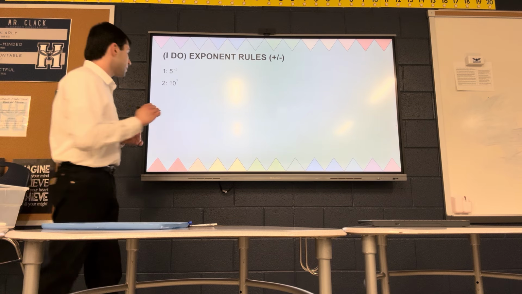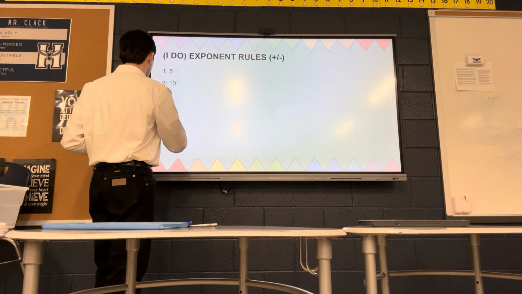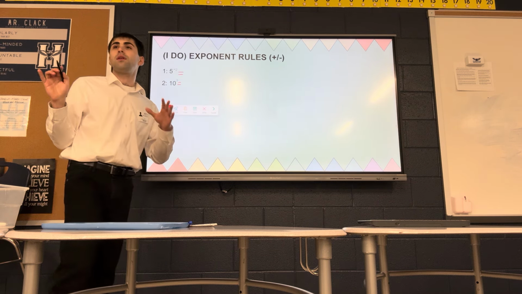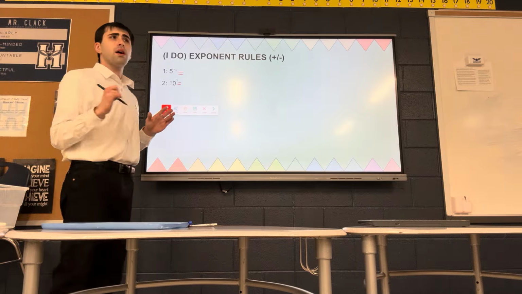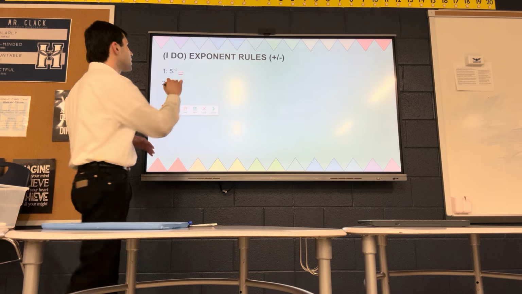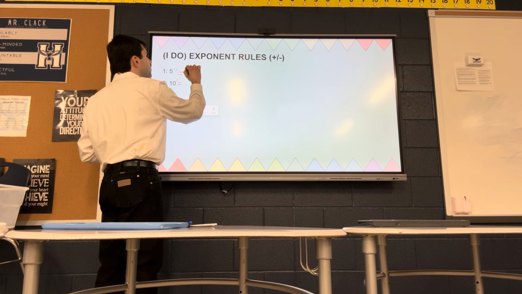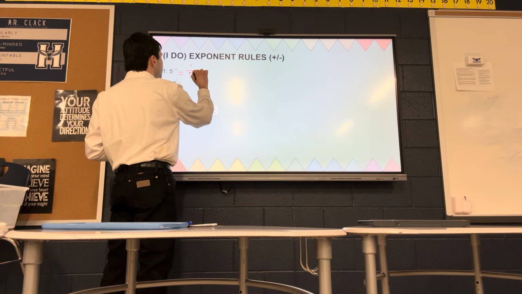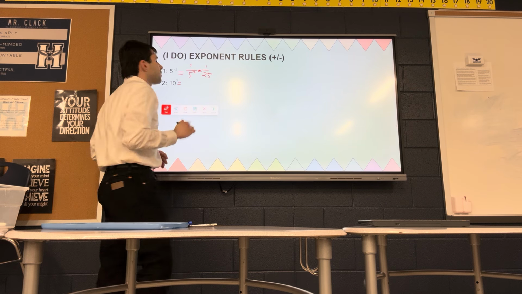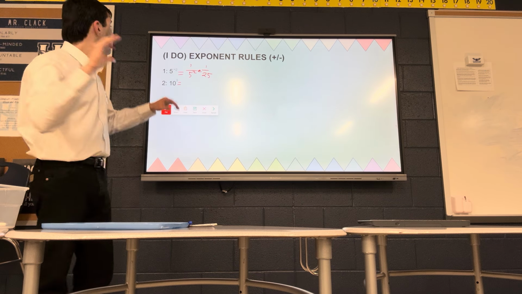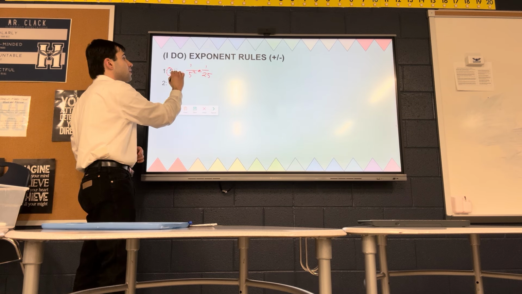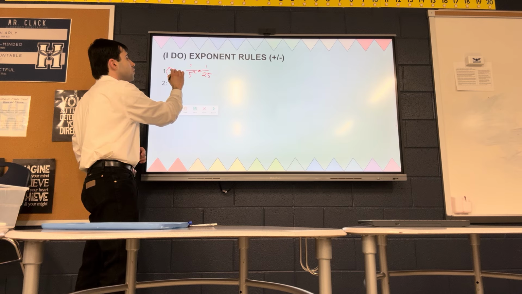Now, I'm going to show you a couple of exponent rules. So this exponent, 5 to the negative 2. What you do is you flip the number. So this was 5. You flip it, and you just make the negative into a positive.